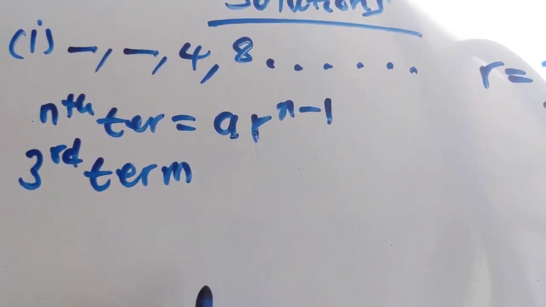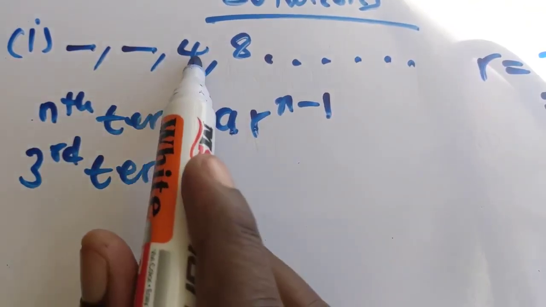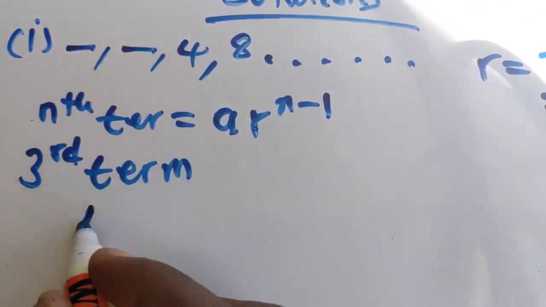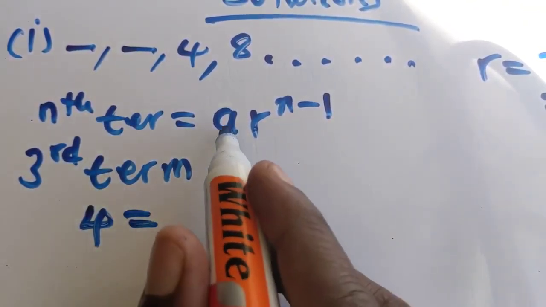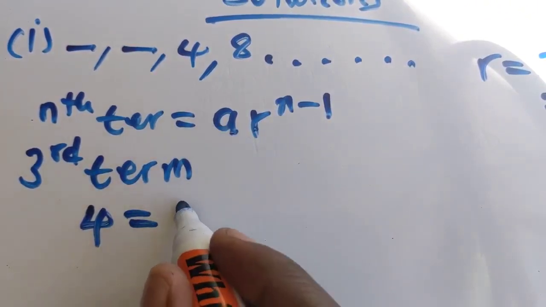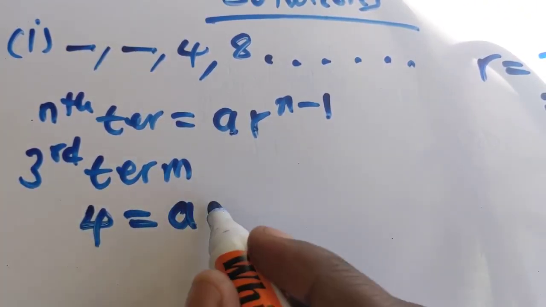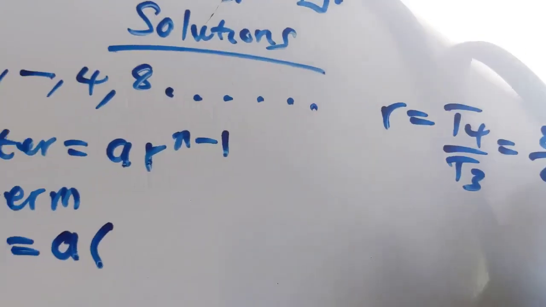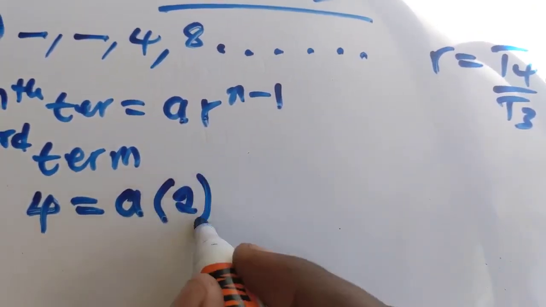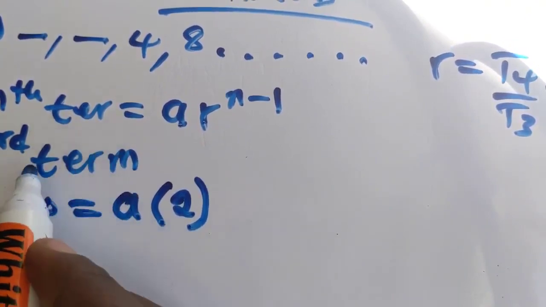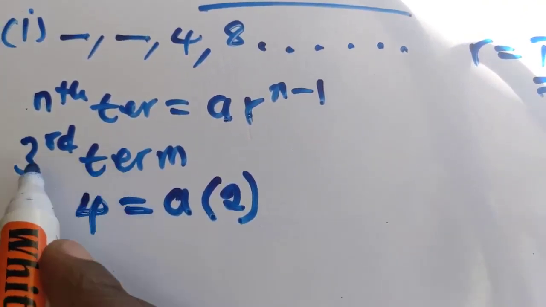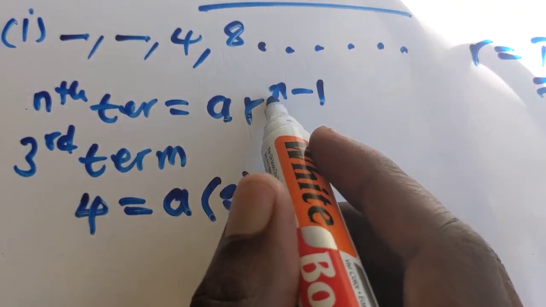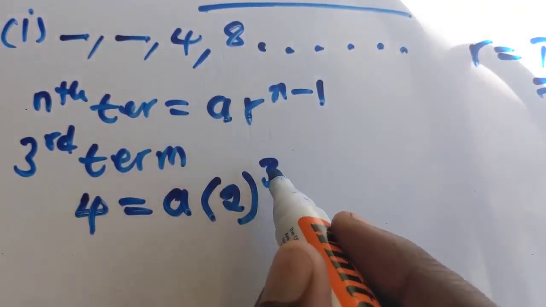So you are given the third term is 4. So you can put 4 is equal to a, the one that you are looking for. Then r is the common ratio, it is 2 that we have found here. The third term means that the number of terms, we are going to put 3 minus 1.